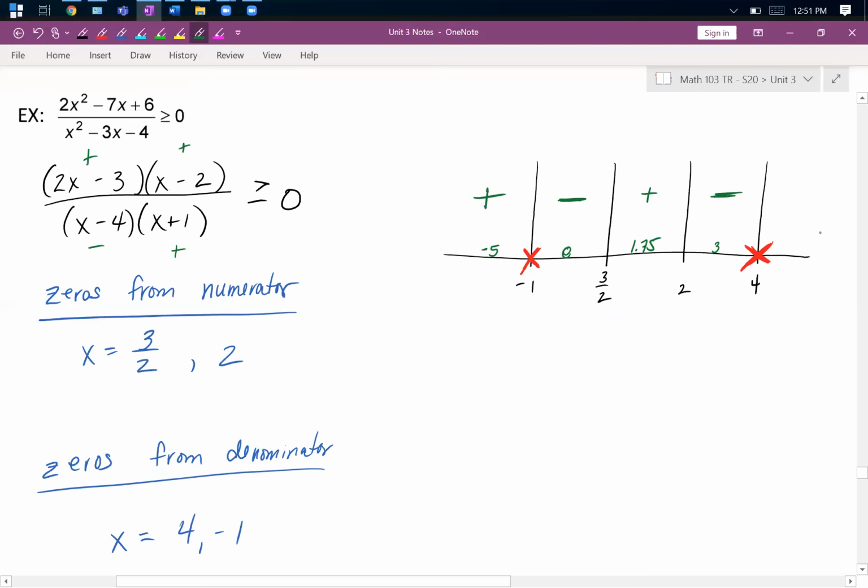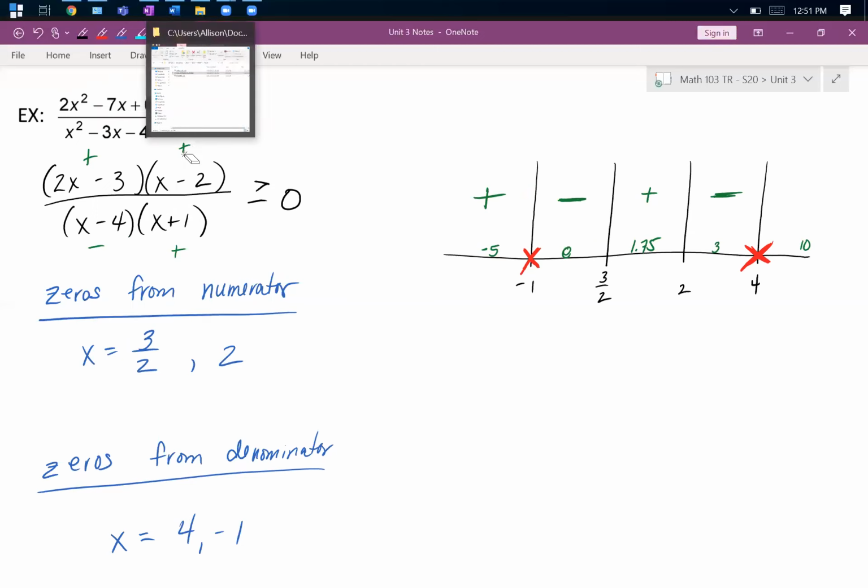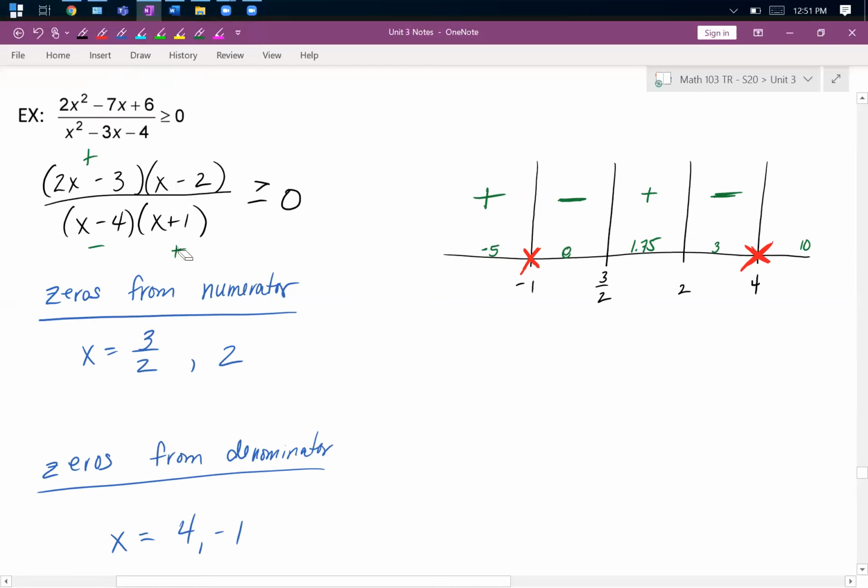I'm going to choose 10. Plugging in 10, that's going to be 20 minus 3 is positive. 10 minus 2 is positive. All right, 4 positives, so that rational function is going to be positive. Any questions on filling in the sign chart?